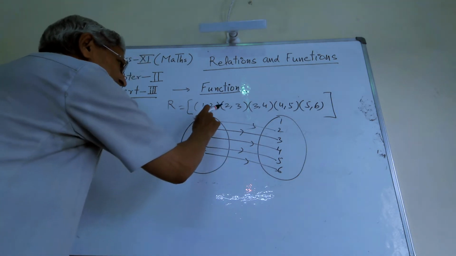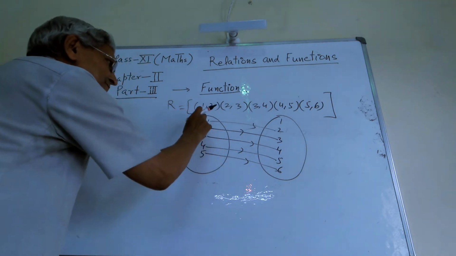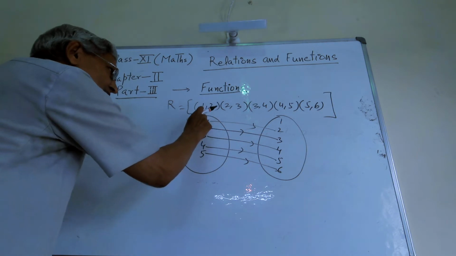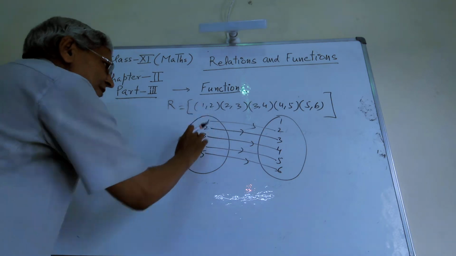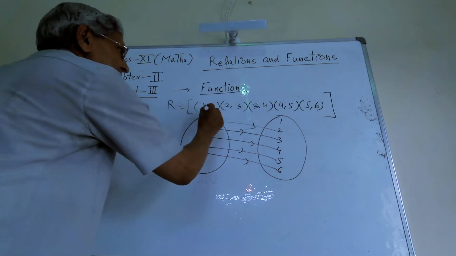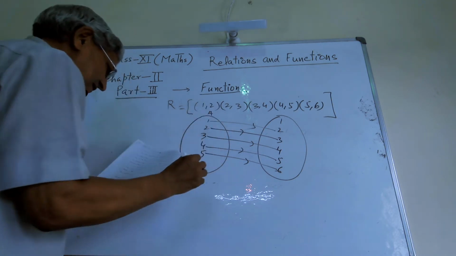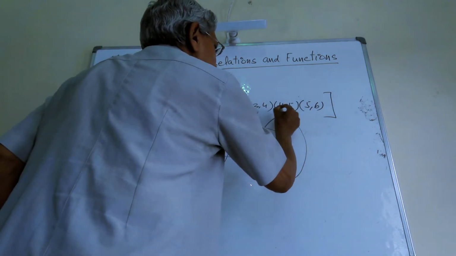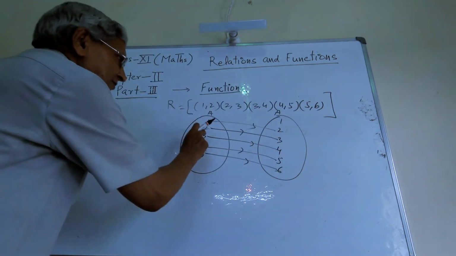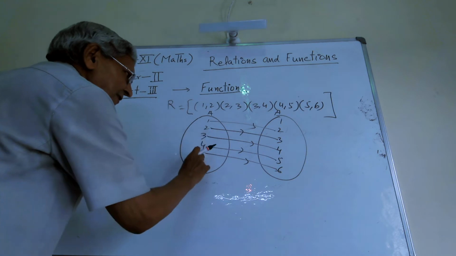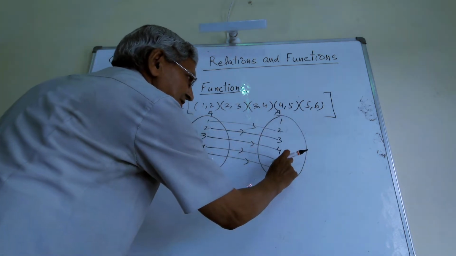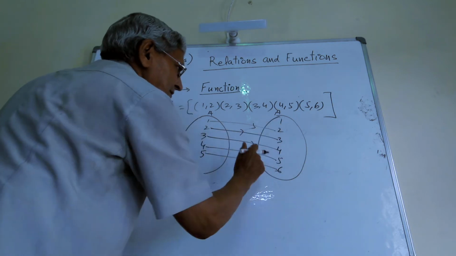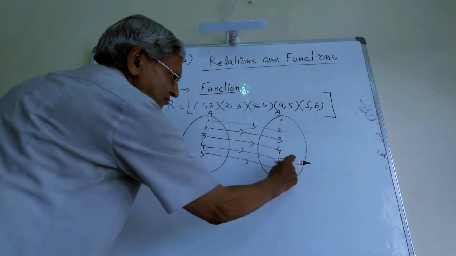According to the definition, all the distinct elements, 1, 2, 3, 4, 5, all the elements of this set, have images in the other set, and all the images are also distinct.